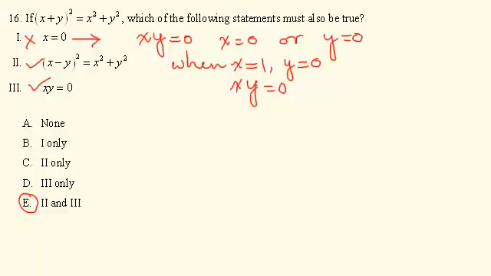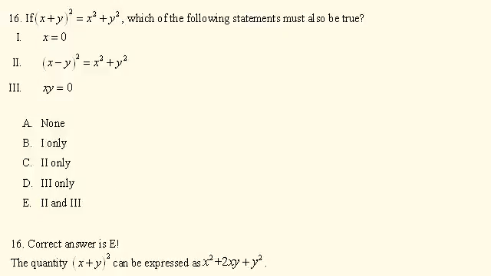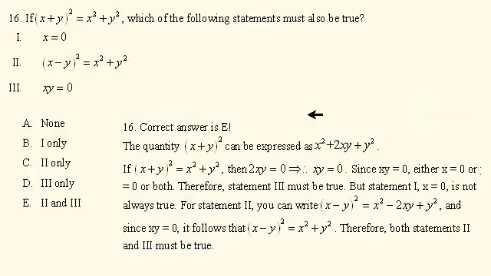Now I'm going to also show you the typed statements, for anyone who wants to go through this explanation later. Here, (x plus y) square can be expressed as x square plus 2xy plus y square. If (x plus y) quantity square equals x square plus y square, which is given, then xy equals 0, which shows x times y must be 0.